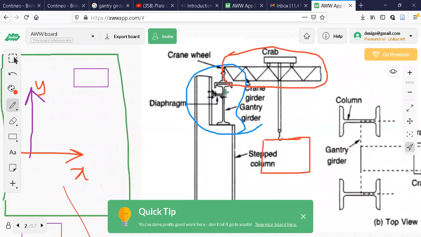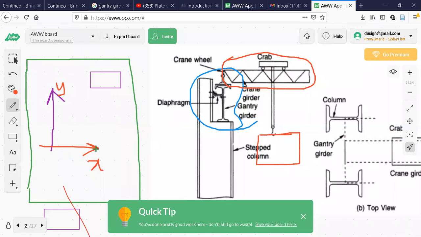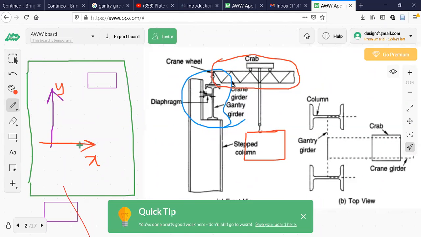Now this crane girder is supported on this. Crane girder itself can move along y direction because on either side it is supported, at both the ends. I can move it in y direction along the length of the shop.